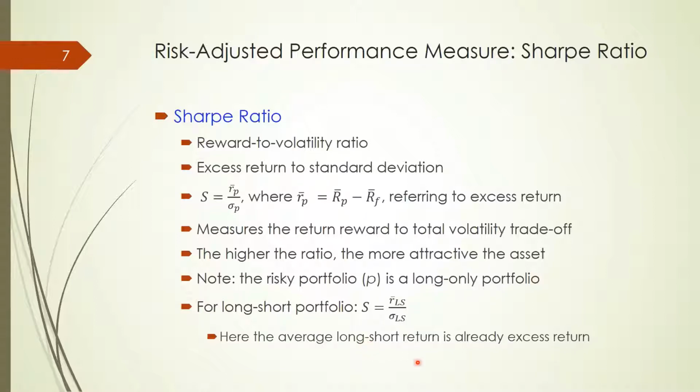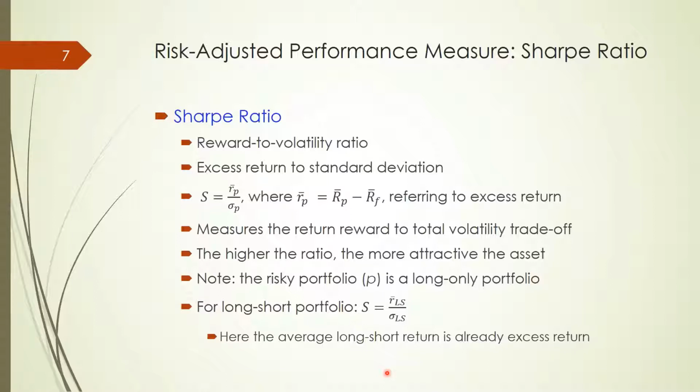Here, small rp is the excess return of the portfolio. This ratio measures, for every unit of total risk of the portfolio, what is the risk premium received by the investors. Therefore, the higher the ratio, the more attractive this asset is.